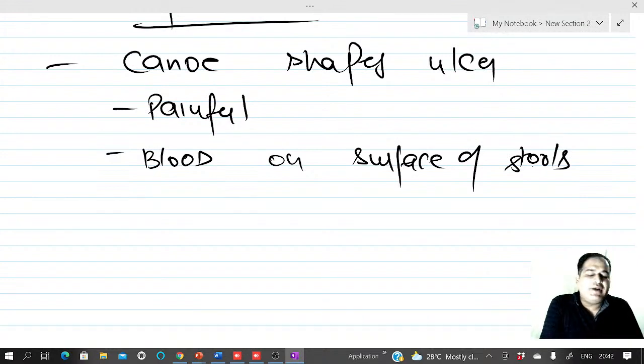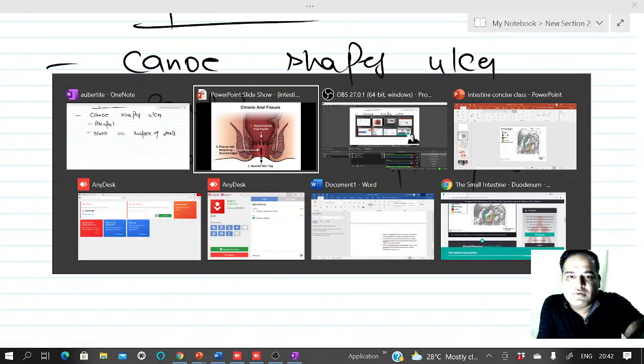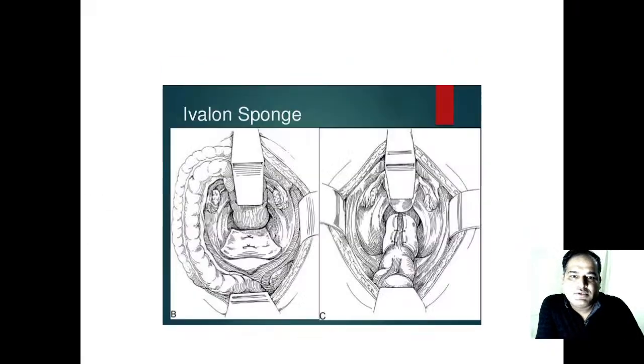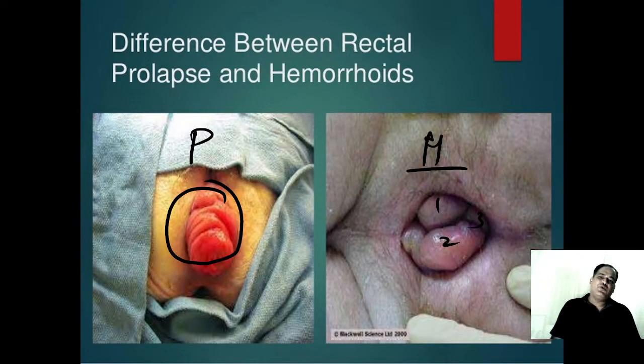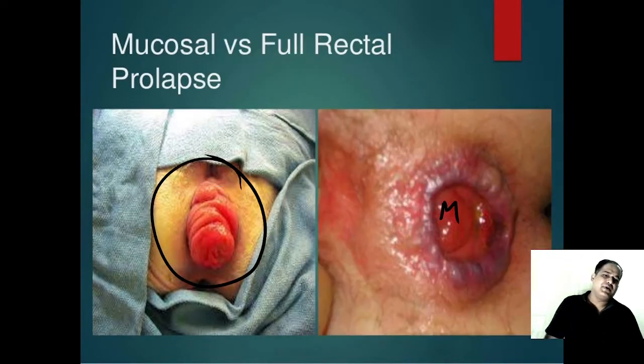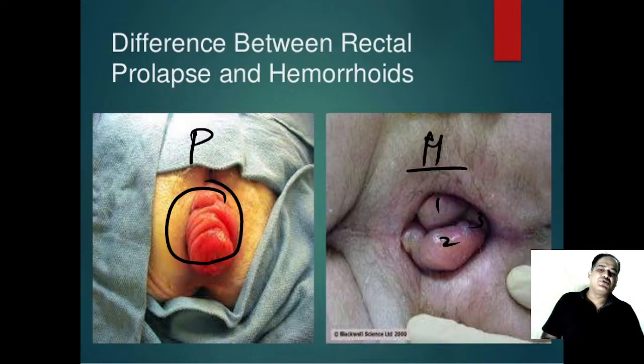So what you need to remember is just the names. Fine, just the name. Just how will you differentiate? For example, if they give you this image, you should be clearly able to differentiate whether it is hemorrhoid or it is prolapse.